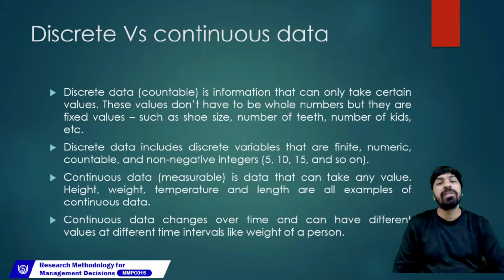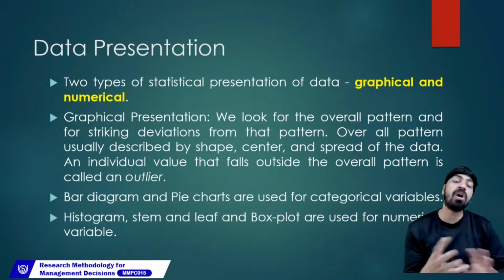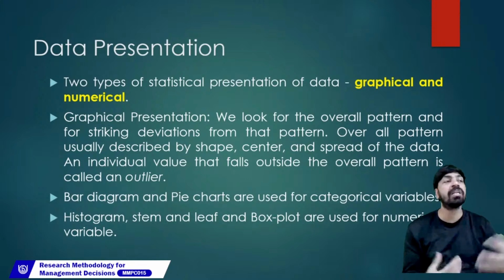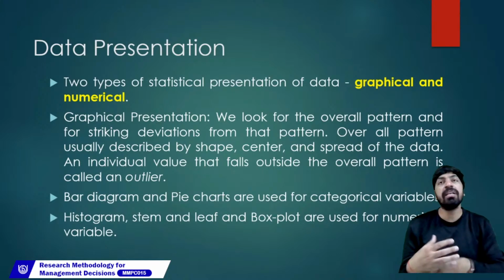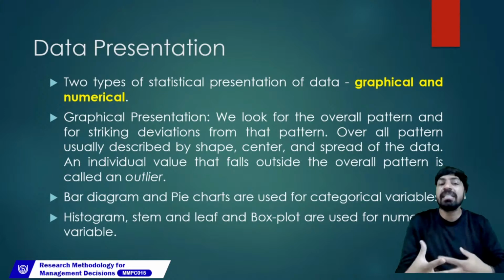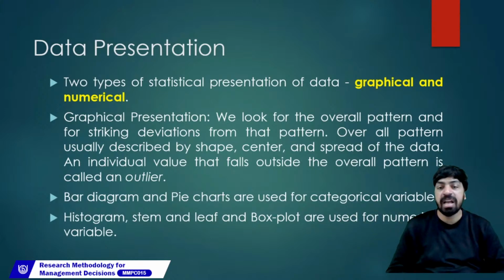When we talk about data presentation, there are mainly two types of statistical presentation of data: graphical and numerical. Graphically, we use the histogram, pie charts, and frequency polygon, where the data set can be represented through various types of graphs.